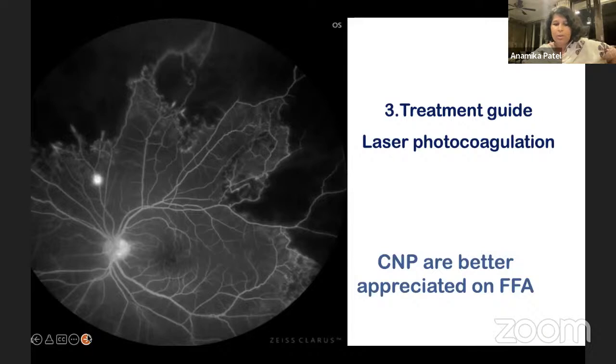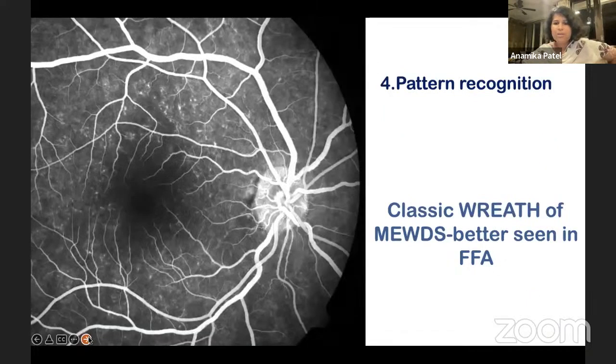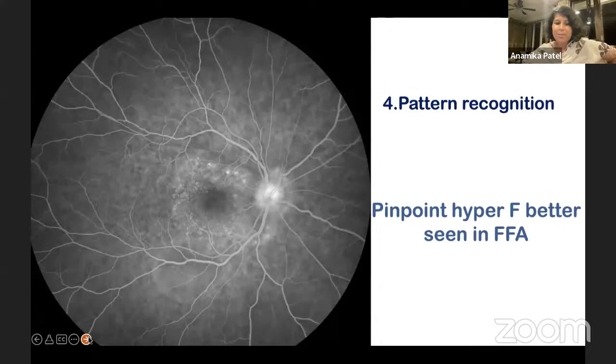And I hope you have done FFA rather than ICG to appreciate the CNP and to do the laser-guided photocoagulation. Now, I'm sure all of us know about the mutes, and the beautiful wreath is picked up only on FFA. And the other point about this beautiful pinpoint hypofluorescence, which you get to see both in the VKH and the posterior scleritis, is seen best on FFA.